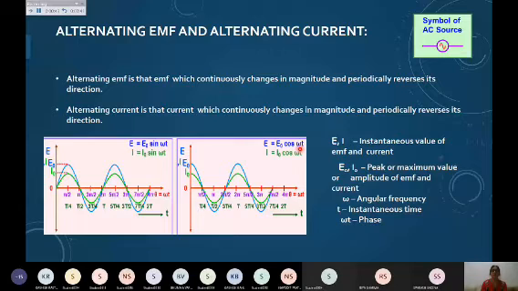If I take the current as maximum at zero time, I can see the variation with time, or I can see the variation with angle. Because when we talk about uniform circular motion, that can represent simple harmonic motion.